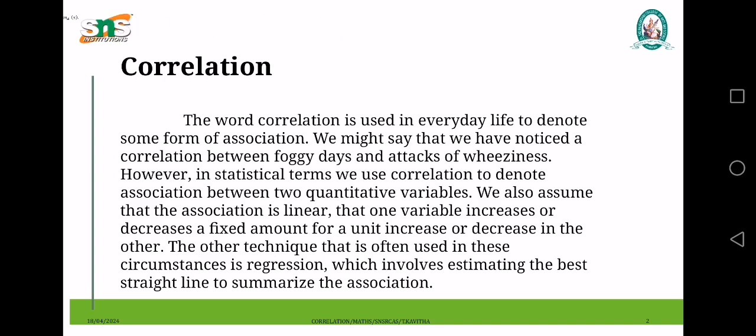However, in statistical terms, we use correlation to denote association between two quantitative variables. We also assume that the association is linear, that one variable increases or decreases a fixed amount for a unit increase or decrease in the other. The other technique that is often used in these circumstances is regression, which involves estimating the best straight line to summarize the association.